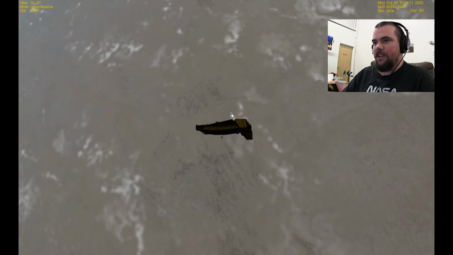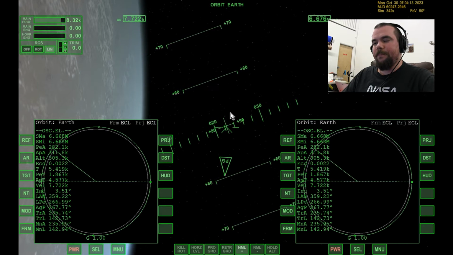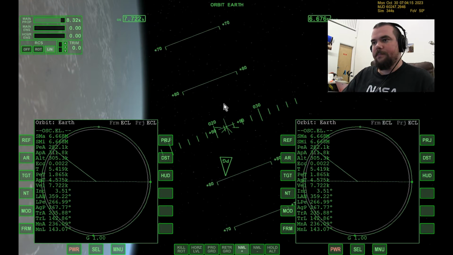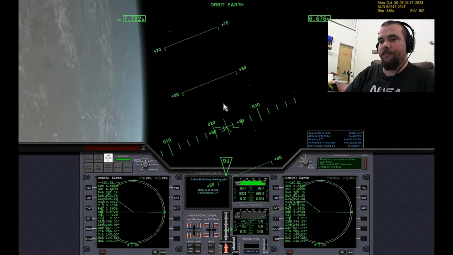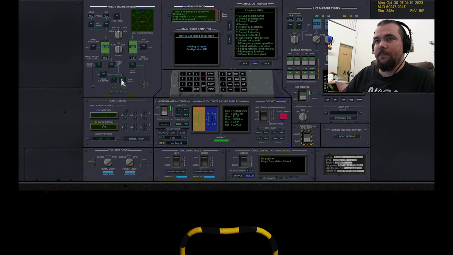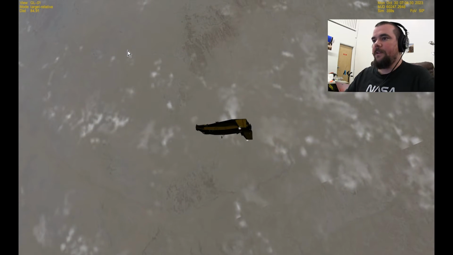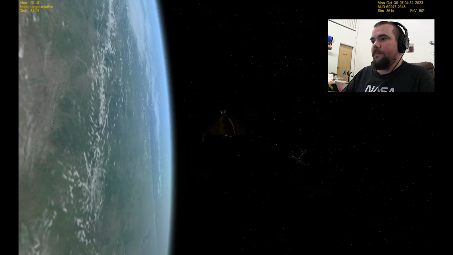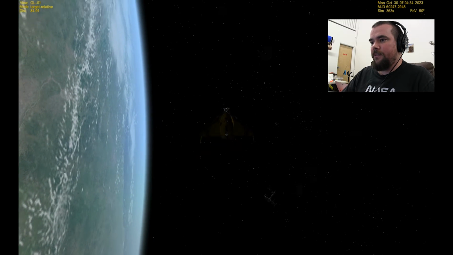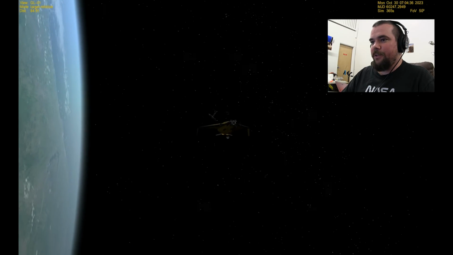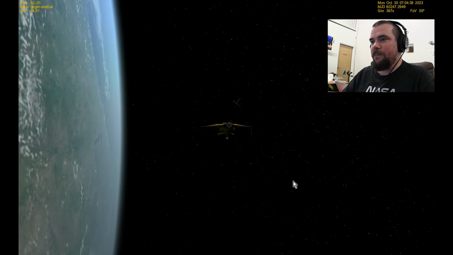But you can see I'm kind of sideways in my orbit. Okay. So there goes Mir flying away. You can see it. It's a pretty unrealistic amount of thrust the spaceship has, but that's all right.